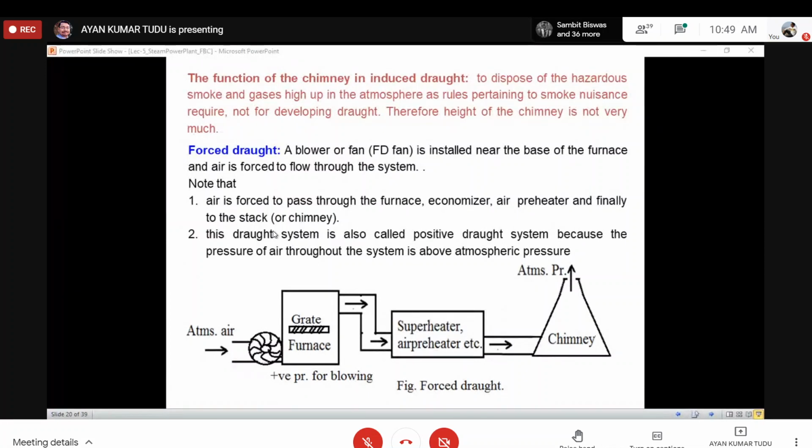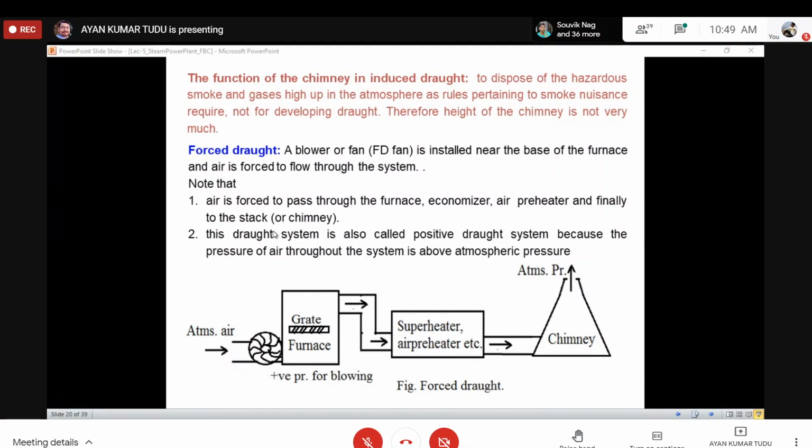Okay, look at the picture. So what is the difficulty actually? The difficulty is that the furnace cannot be opened either for inspection or firing.